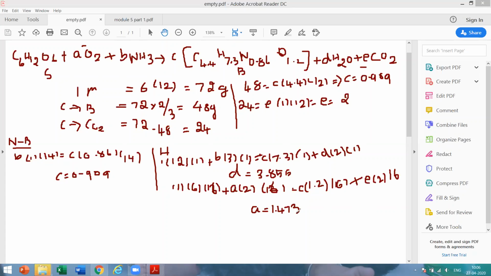Next, the stoichiometric coefficients have been done. So now we have to find Y of X bar S, that is substrate by biomass. X bar S is what? C into 4.4 into 12 plus 7.3 into 1 plus 0.86 into 14 plus 1.2 into... the whole equation will come, divided by S, which is substrate.